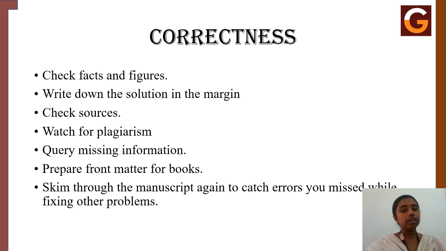And next one, write down the solution in the margin. So when you are correcting, if there are any problems or issues which you find, which as an editor you can't perform that action, in that case, it is always best to note it down in the margin so that the author, when he or she looks into it, will change it accordingly.